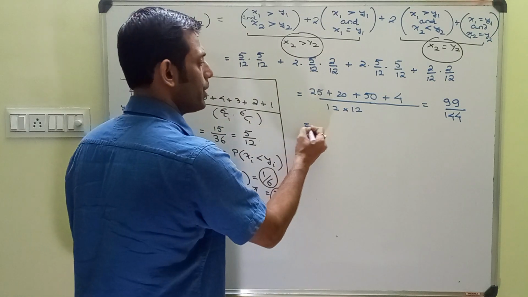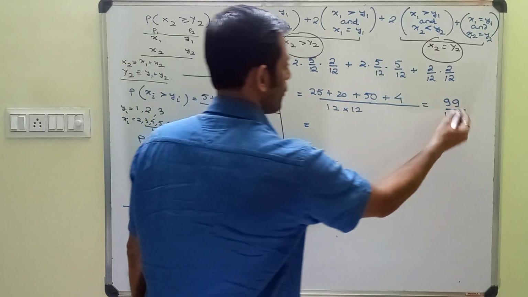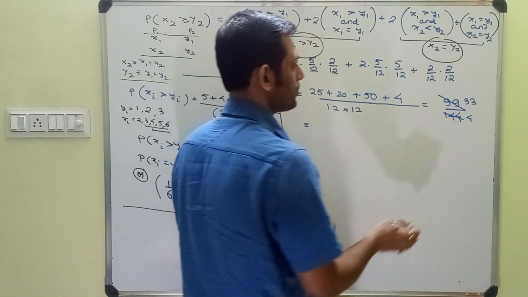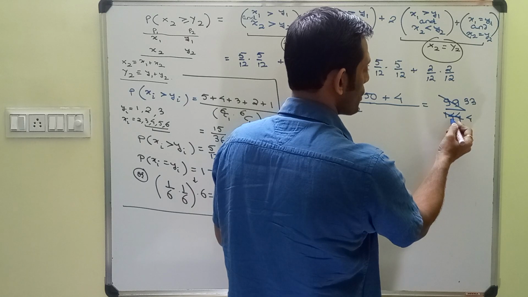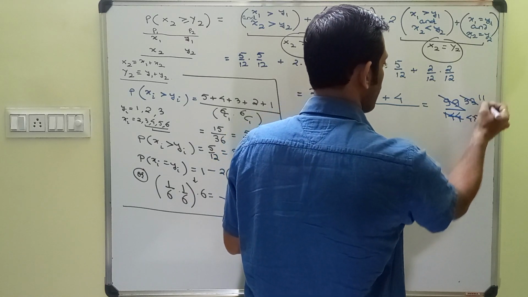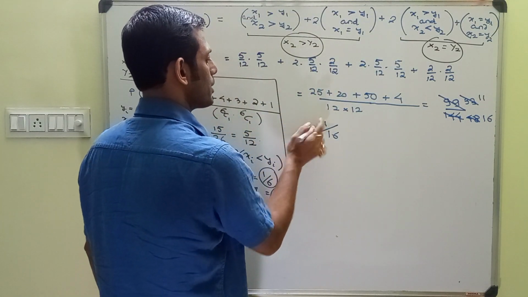If we reduce, 33, 3 4s are 12, 24, 48, again reduce, 11, 16, that brings you 11 by 16 as the answer.